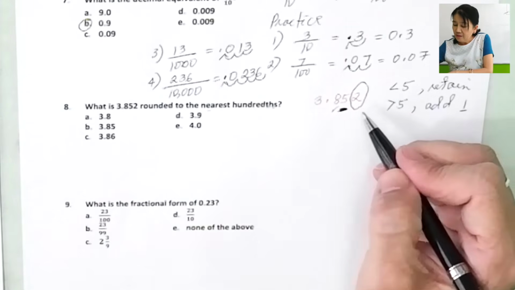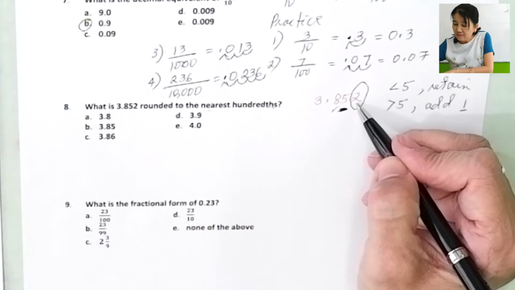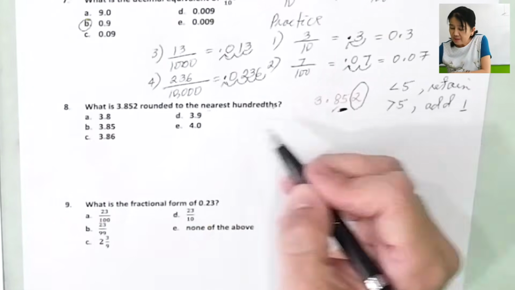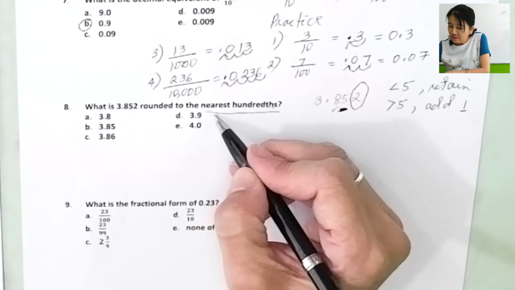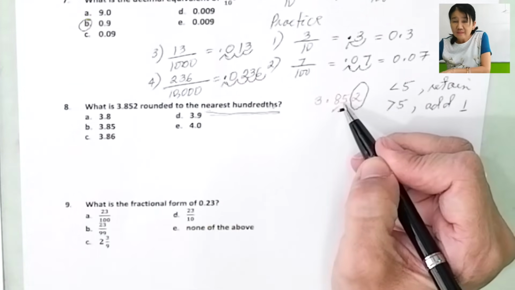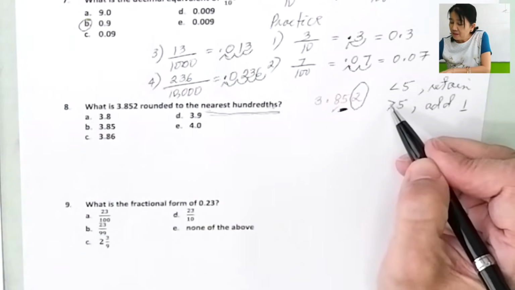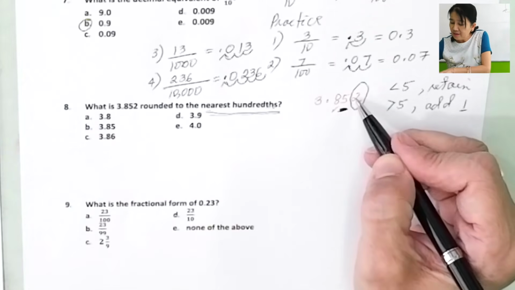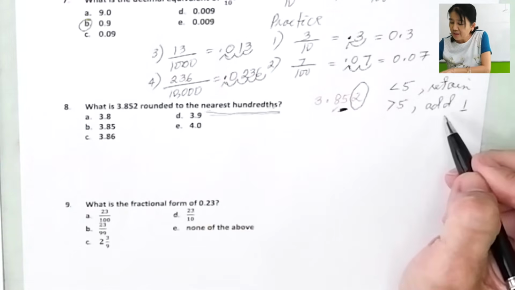Repeat. You look at the number to the right of the hundredths place, because this is the one that we need. If it is less than 5, retain the number in the hundredths place. If the encircled number is greater than 5, you add 1.